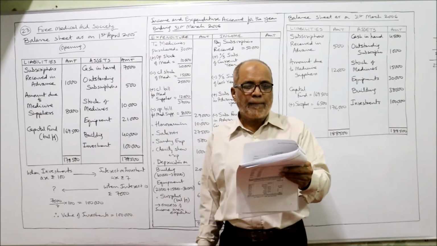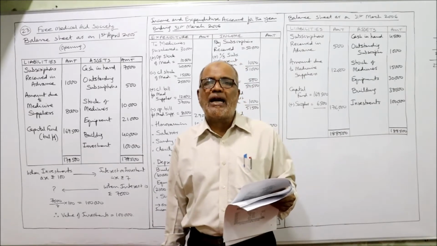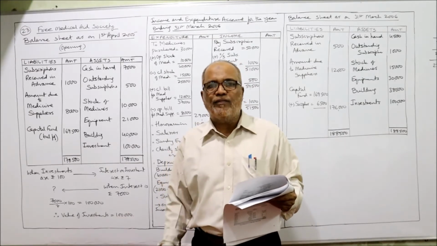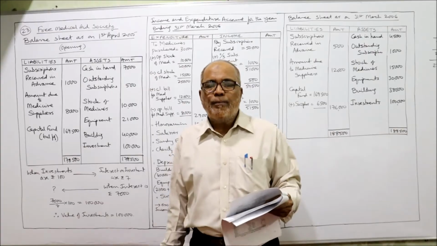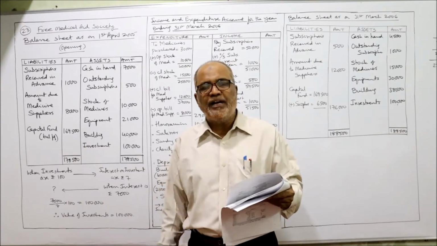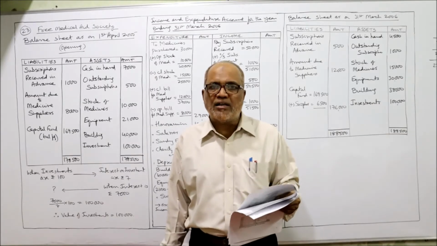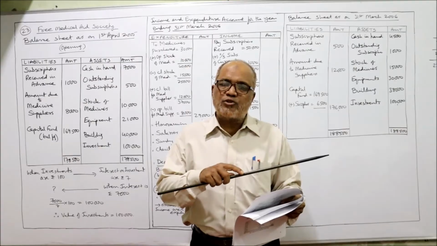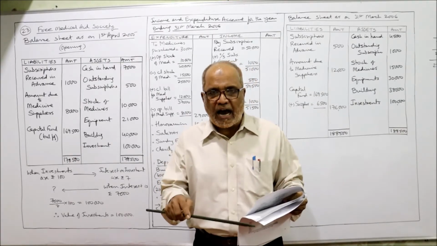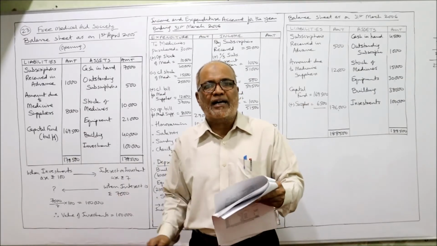Now additional information. Subscriptions due, that means subscriptions outstanding, at the beginning and end of the year. You already know the end-of-year outstanding subscription will be added and last year's will be deducted. Similarly for subscription received in advance: last year's will be added and current year's will be deducted.